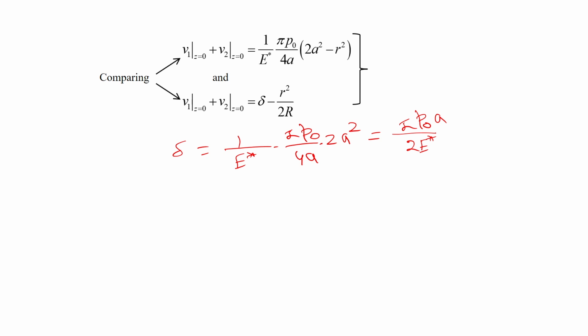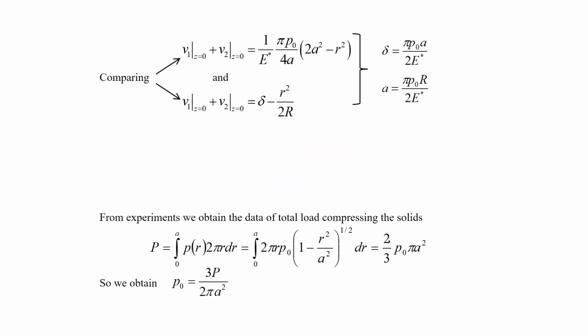And over here delta is equal to a square by 2 r. So that is equal to this term, 1 by E star into pi into p 0 by 4 a, with 1 by 2 r, and so a can be represented in terms of r. So let us do that.